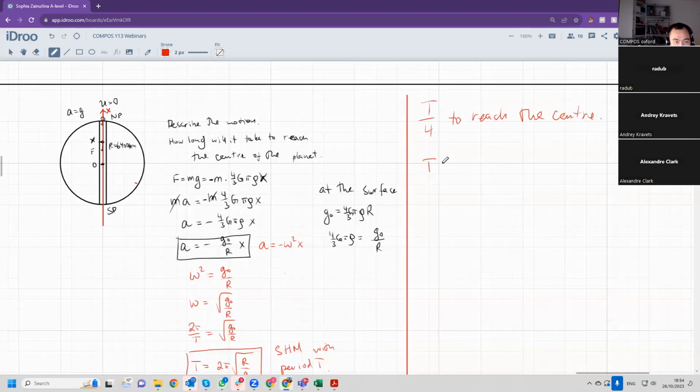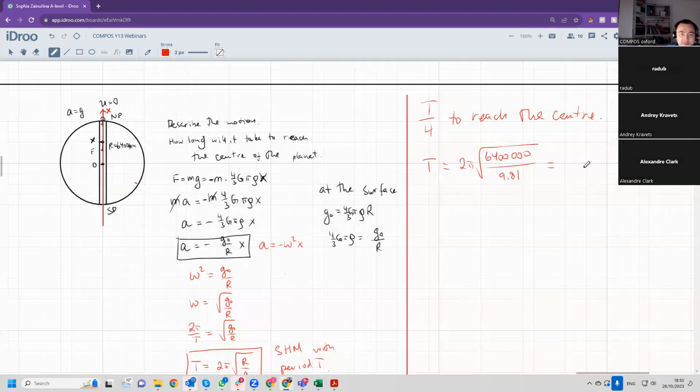So T is equal to 2 pi times the square root of R, where the radius of the Earth is 6,400,000 meters, divided by g, 9.81. So we can work it out as 2 pi multiplied by the square root of 6,400,000 divided by 9.81.